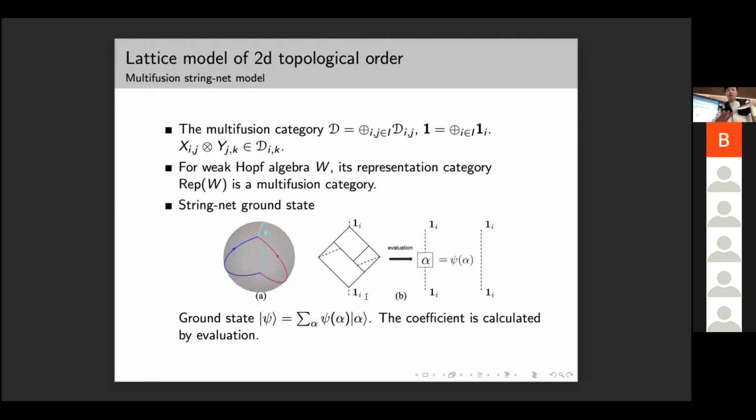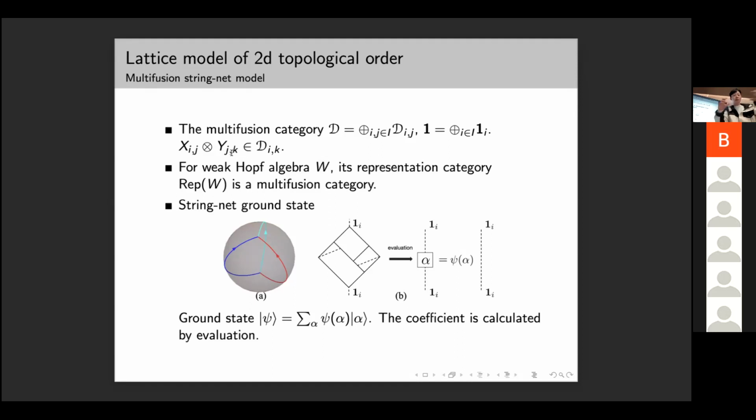And this is what I have stressed about the multi-fusion structure. For the multi-fusion structure, we show that there is a grading structure between these different components. If an object X_ij is in the D_ij component, it can only fuse with an object Y_gk, which means that this Y is in the D_gk component.